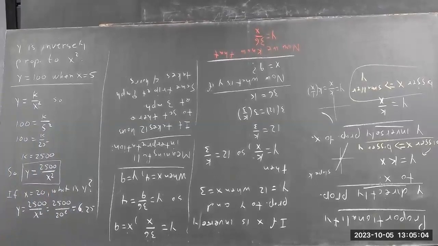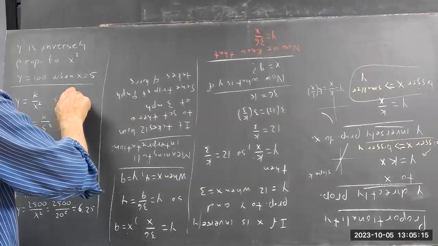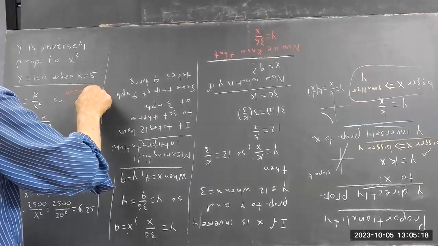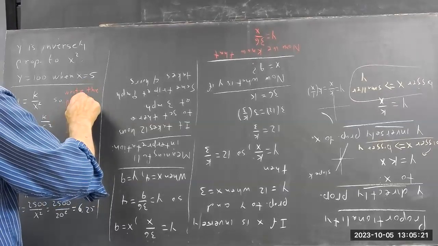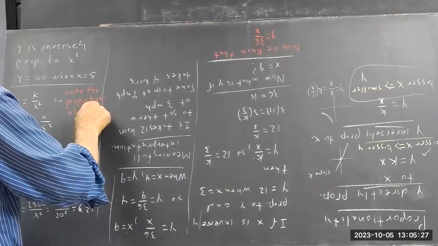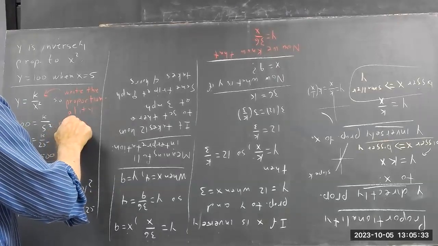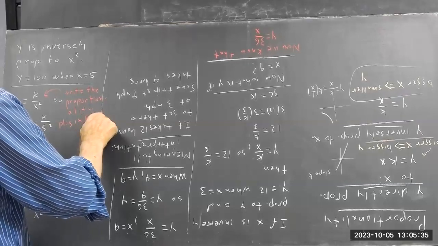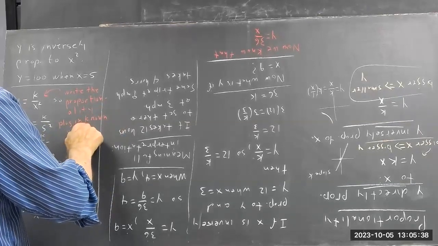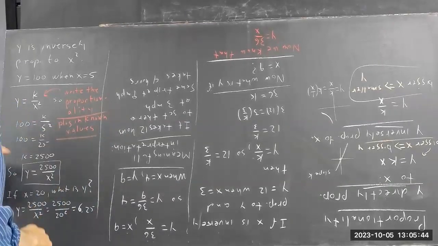The whole scheme is very simple, but you want to follow the sequence of steps that I've outlined here. You write the proportionality. Plug in your known values, which we did here.